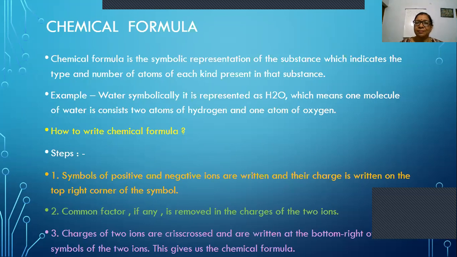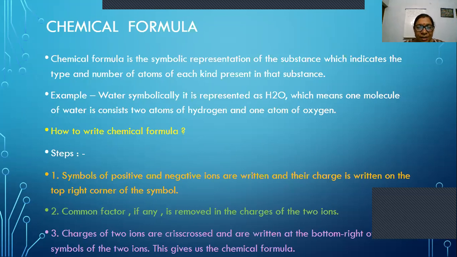Example, water is symbolically represented as H2O, which means one molecule of water consists of two atoms of hydrogen and one atom of oxygen.